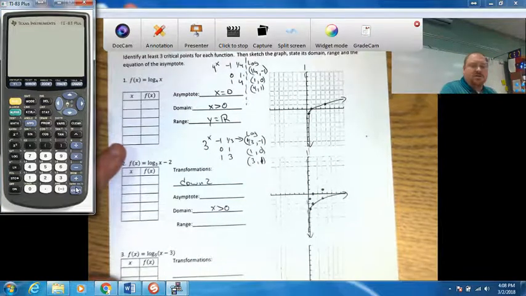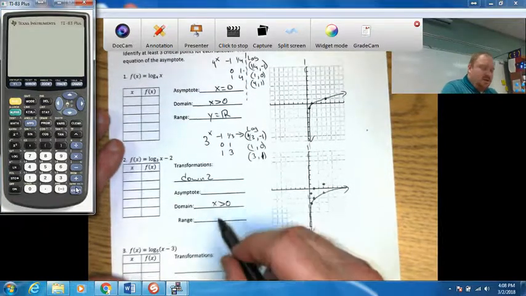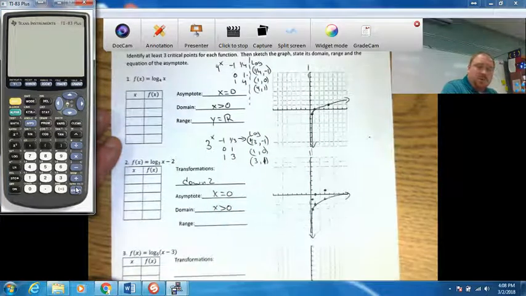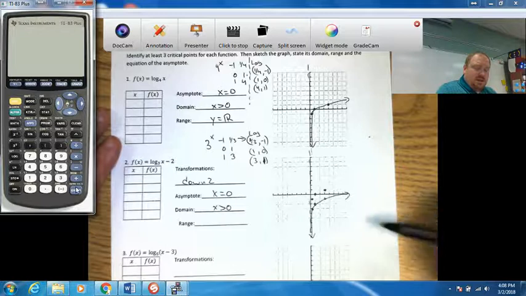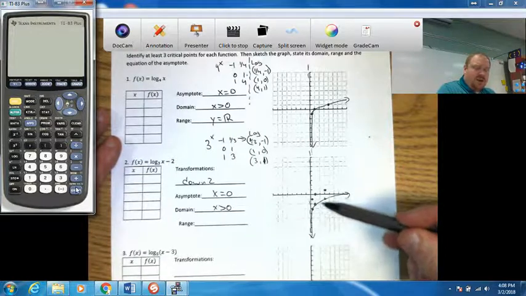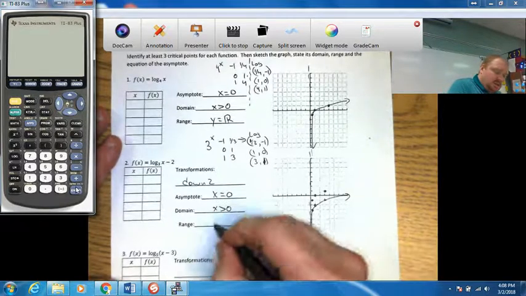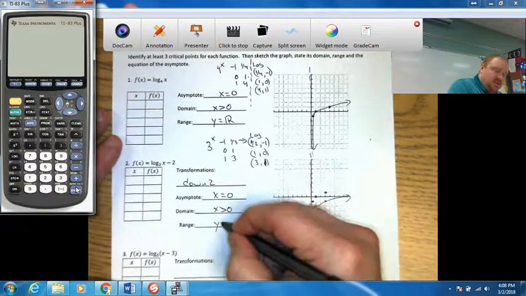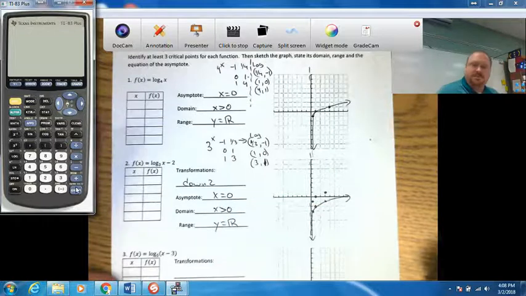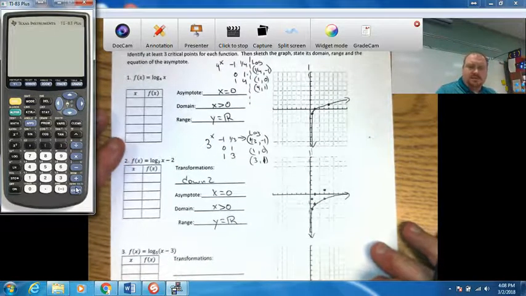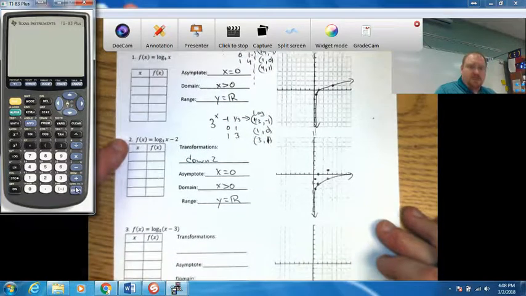The asymptote is always the variable with the inequality sign, but with equal. The range, this goes down forever, and it goes up forever. So it is y equals all real numbers. So graphing logs is not tough. It's very repetitive, though. Okay?